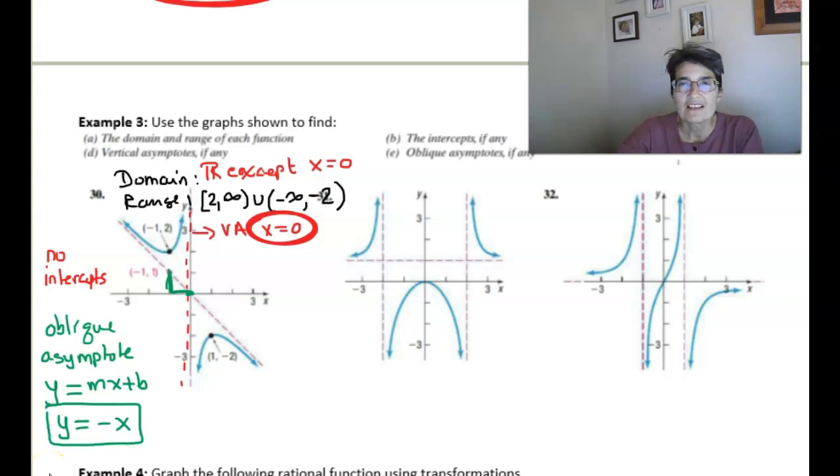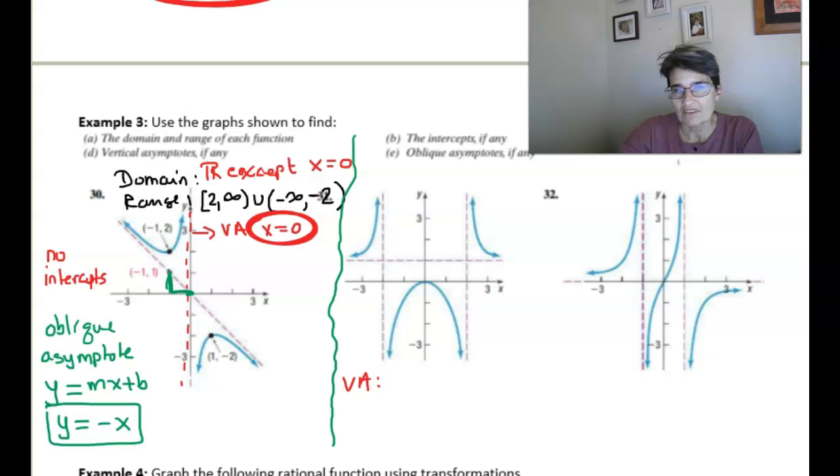Okay, let's look at the next problem. All right, so we're looking for domain, range, asymptotes. Maybe let's start with the asymptotes because we can get them a bit better. All right, so there are two vertical asymptotes.